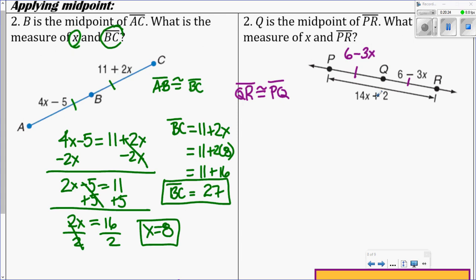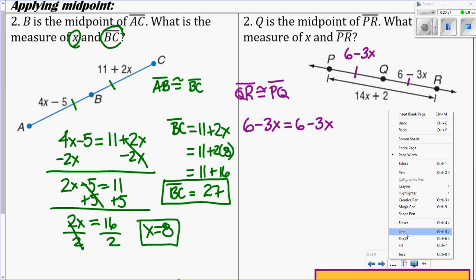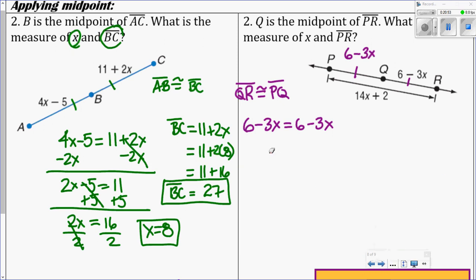Let me experiment to show you what happens. This one will be 0, that one will be 0. So we haven't solved for x, so we're not going to do that. I'm going to erase that.